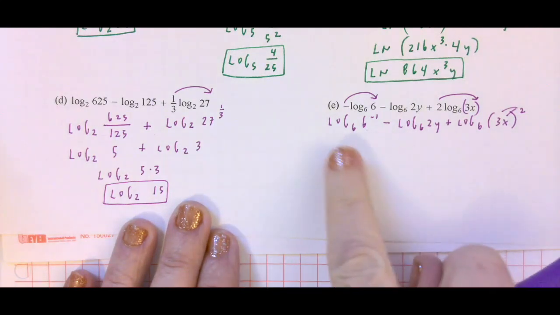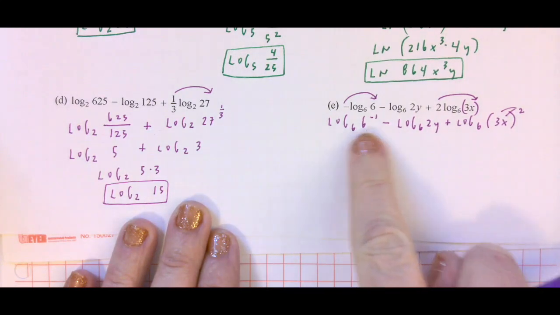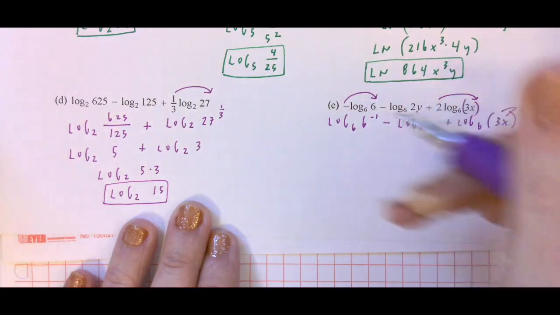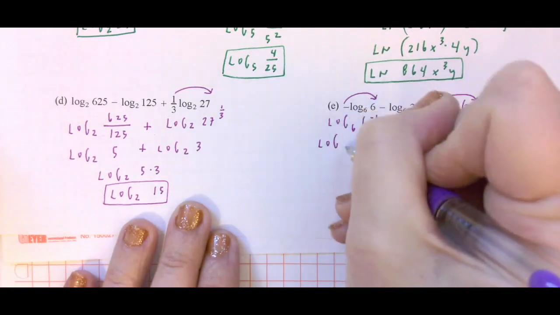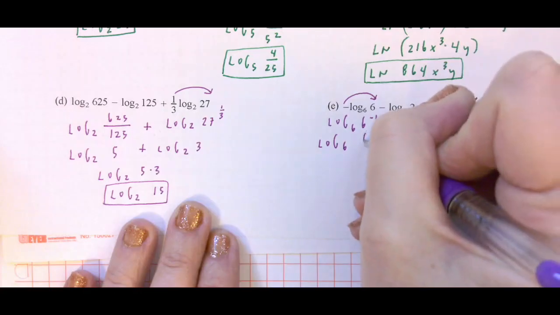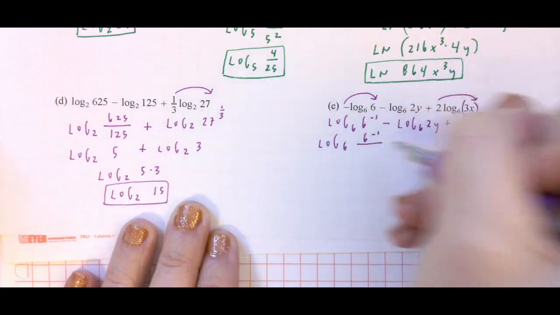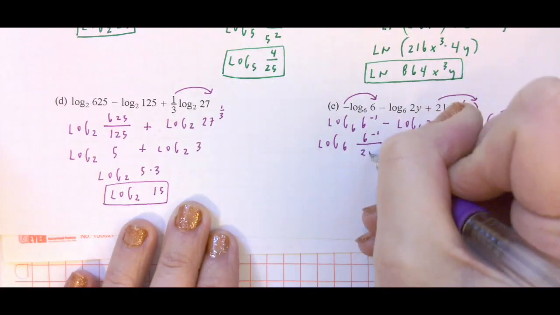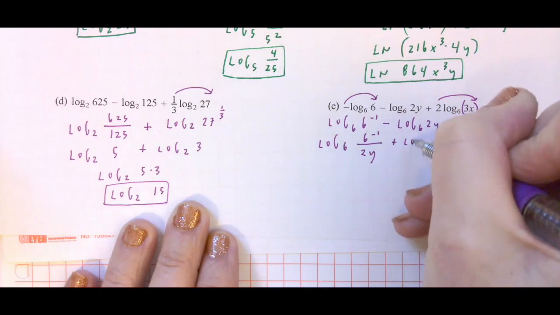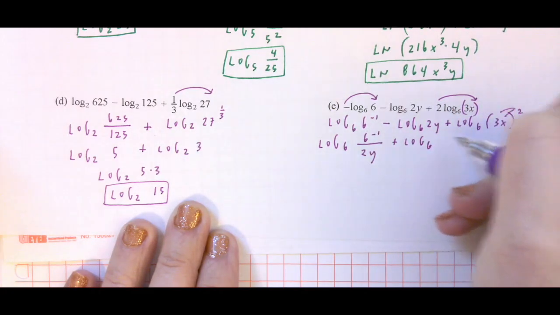So now next stage, right, I see subtraction, so I can join the arguments with division. It's the quotient property. So log base 6 of 6 to the negative first power over 2y plus log base 6 of 9x squared.